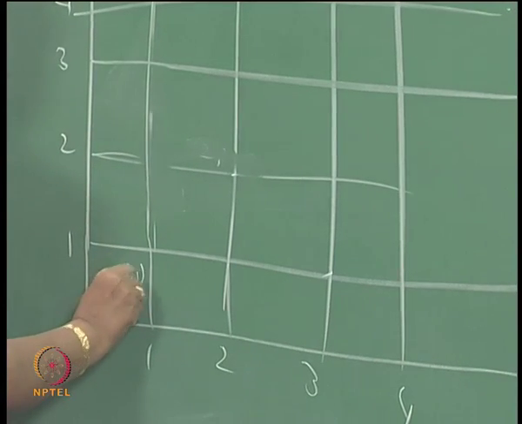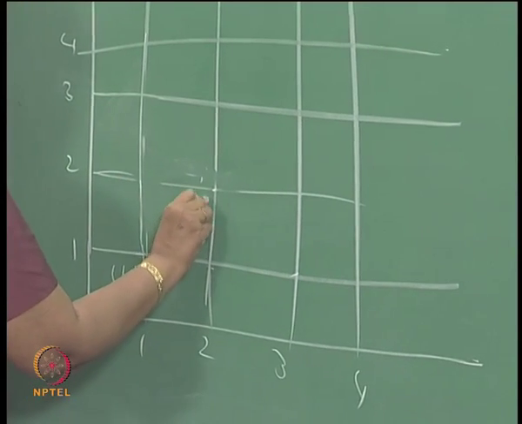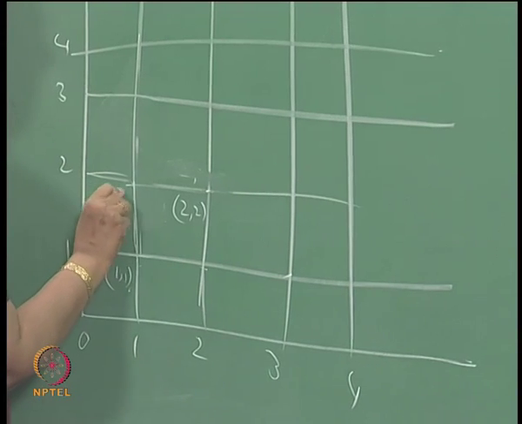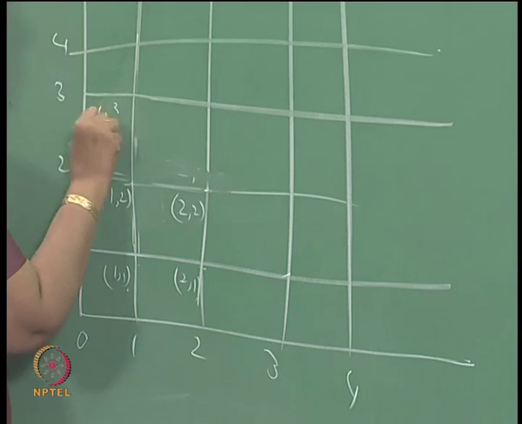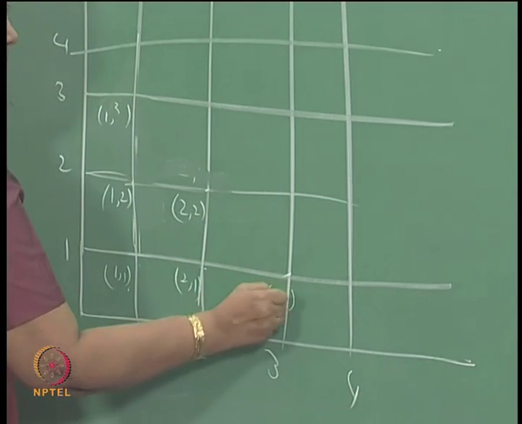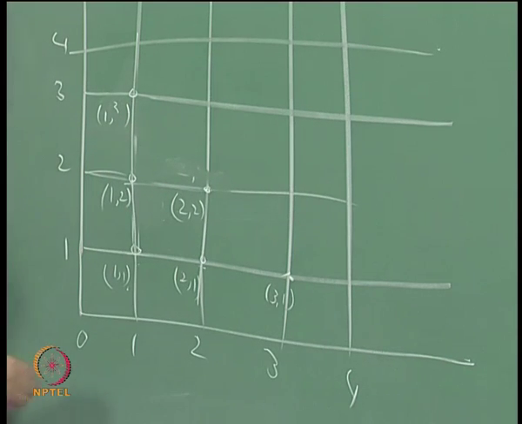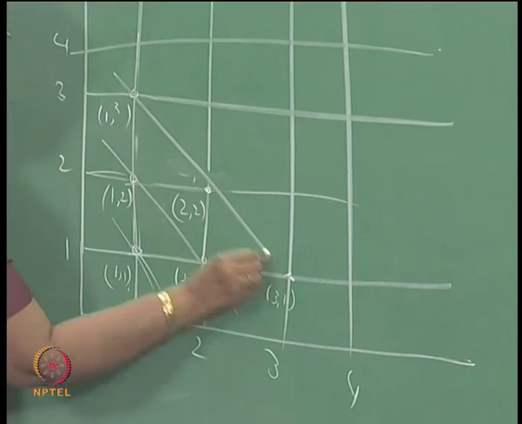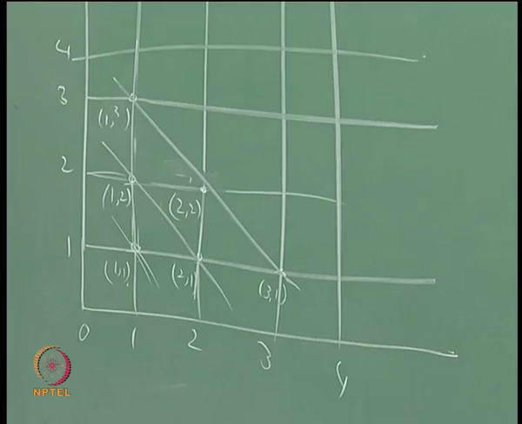So, this is 1 1, then this is 2 2, this is 1 2, this is 2 1, this is 3 1, 1 3, 2 2, and so on. Take these points, integer points. If you want to have them as a countable set, this is counted first, then all points in this diagonal, then all points in this diagonal and so on. So, the set of pairs of integers is countable.